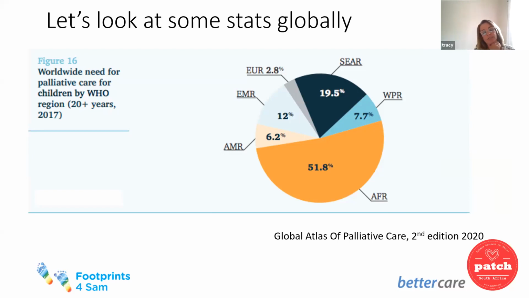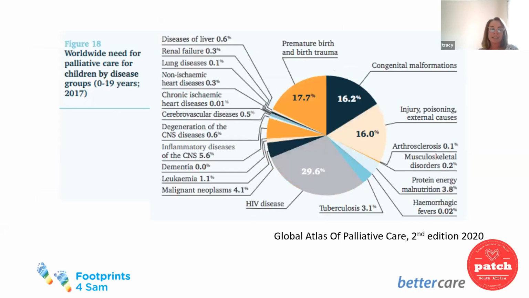Some of the organizations have felt this is not really a true reflection of the need. But if we just look at that, over half of the percentage of children needing palliative care is in Africa.